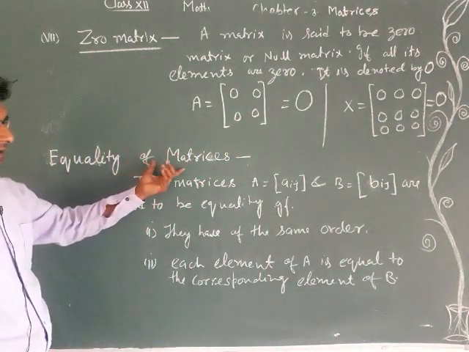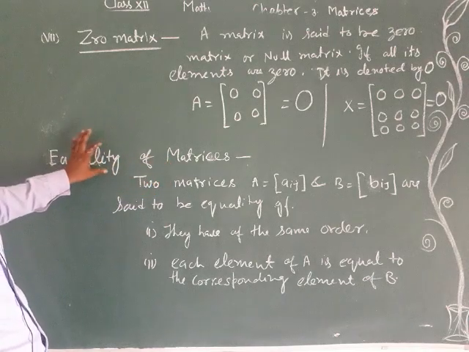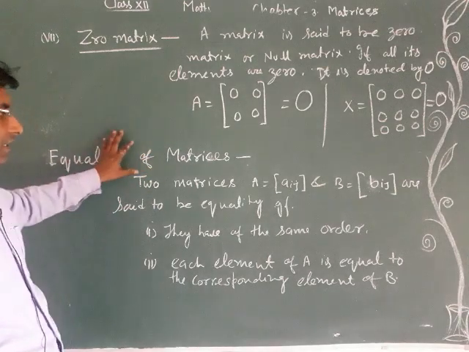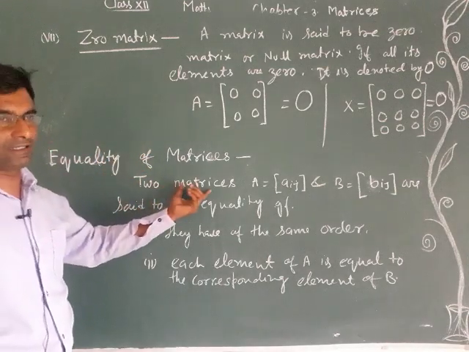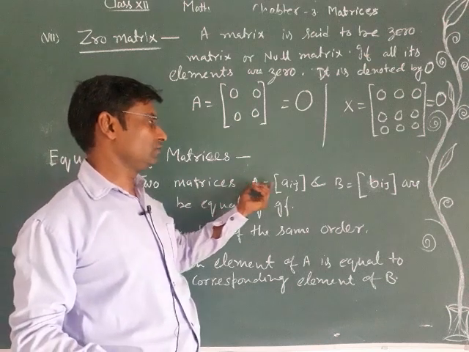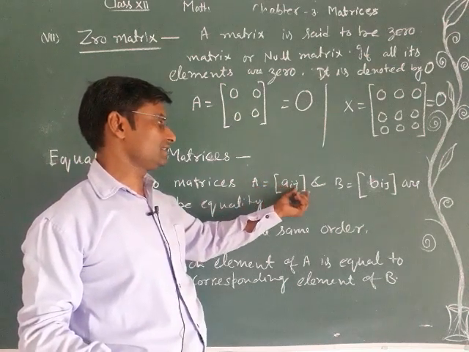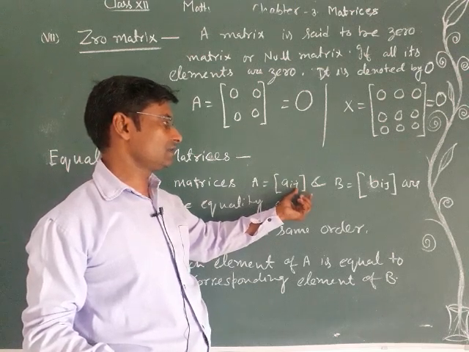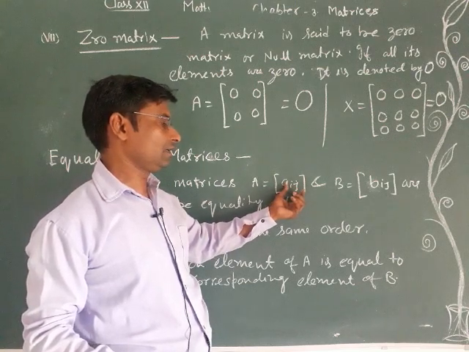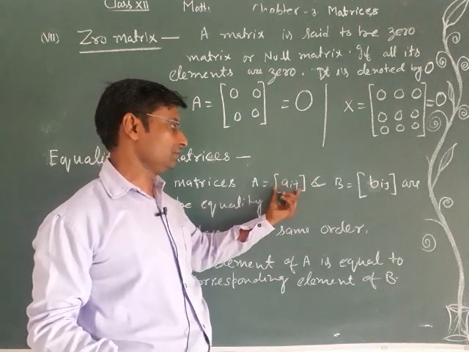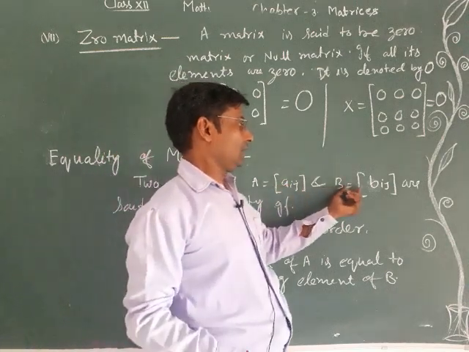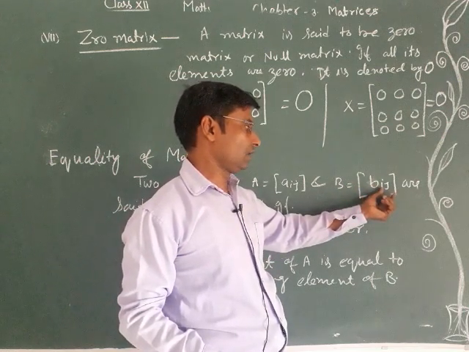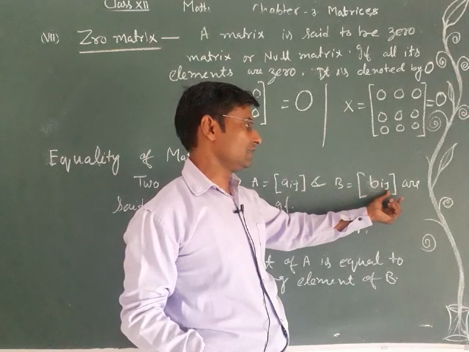Equality of matrices. This is very important. Given two matrices, let the first matrix A be equal to the element matrix Aij, where i means the number of the row and j means the number of the column, and B has entries Bij with row i and column j.